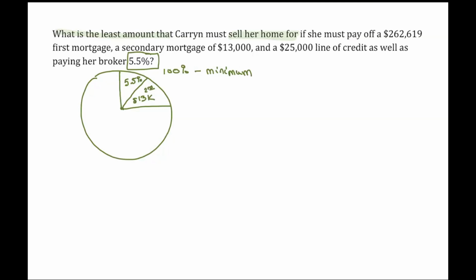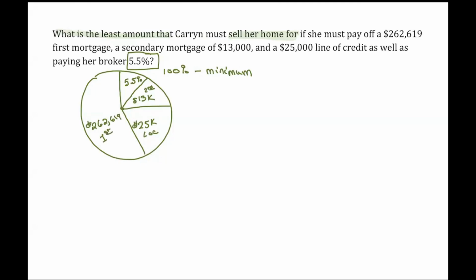The 25,000. Yeah, they got a $25,000 line of credit. Anything else they need to collect? Well, at least she has to get the 262,619 to pay off the first mortgage. Exactly.